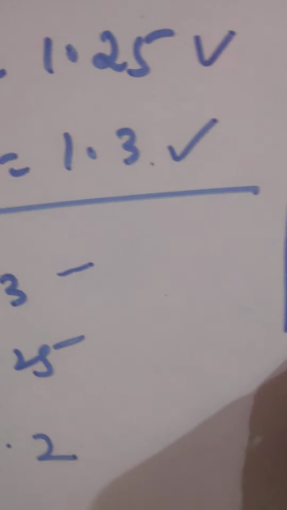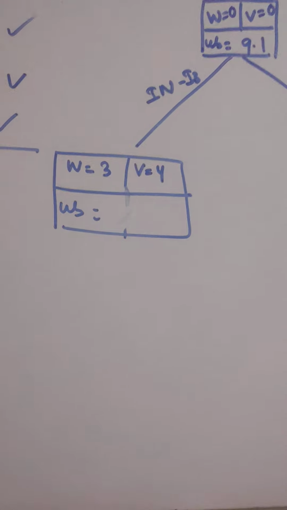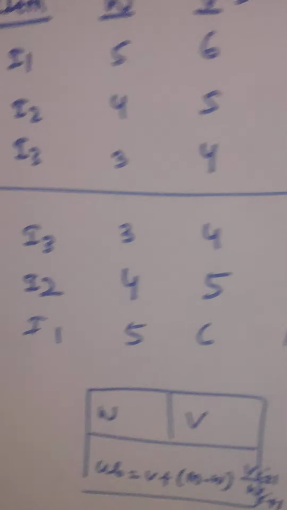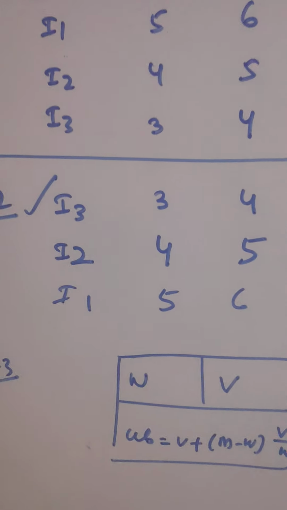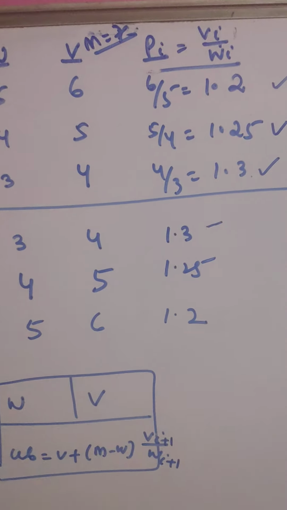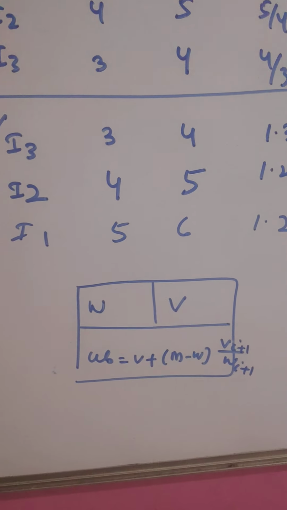And what about upper boundary? So remember here, you have included I3. You have taken this item already. So first item has been taken. So I becomes 1. Remember, I becomes 1.